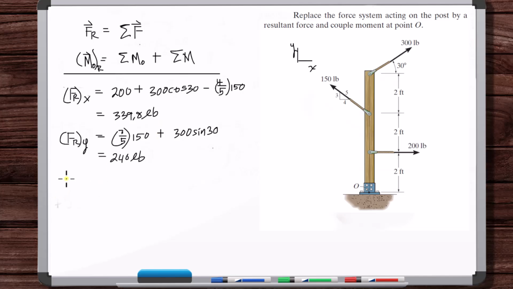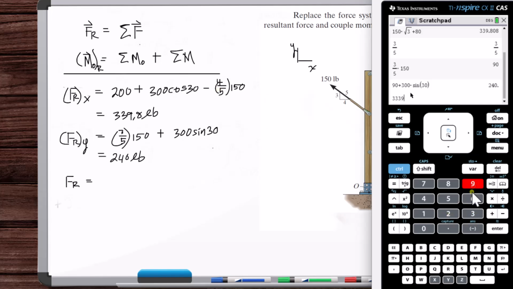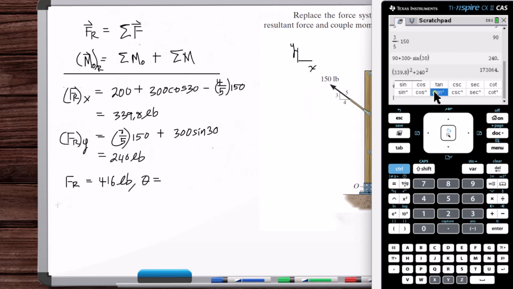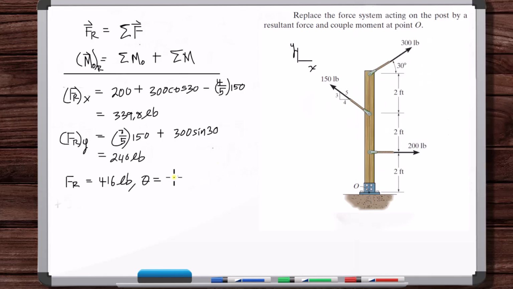So the magnitude of the resultant force is 416 pounds, and it's acting at an angle of 35.2 degrees.